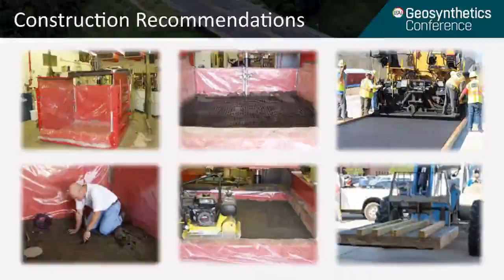This slide shows some pictures of the large-scale laboratory box, the construction of the subgrade, installation of instrumentation, placement of the geosynthetics, compaction of the aggregate base, compaction of the hot mix asphalt, and the placement of the slab.